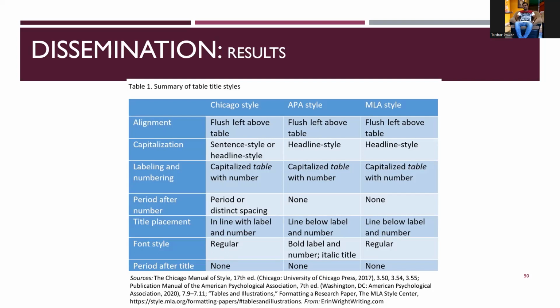Capitalization: sentence case or headline style. Sentence case means only the first letter is capitalized. Headline style means every word is capitalized except words like of, and, below, under. These words are never capitalized.